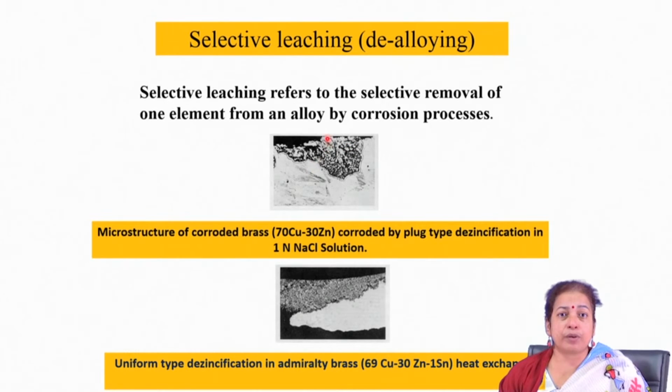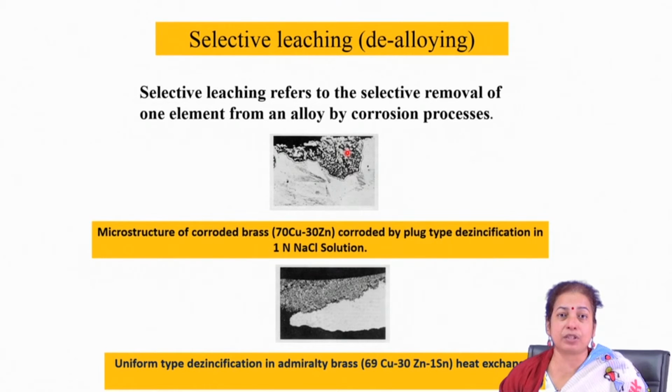Now, if you quickly go through the kinds of selective bleaching observed in different alloy systems, you will find that the typical mode depends on how it looks. For example, in brass this has been classified into 2 categories, one is plug type and another one is uniform type. This is typical plug type de-alloying, or selective bleaching, where it looks like plugs.